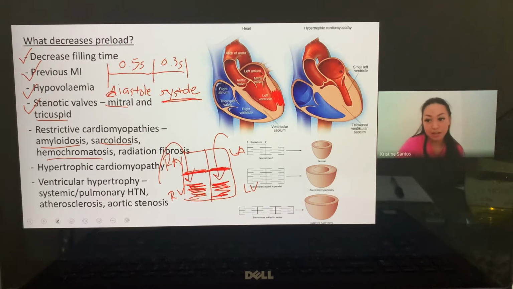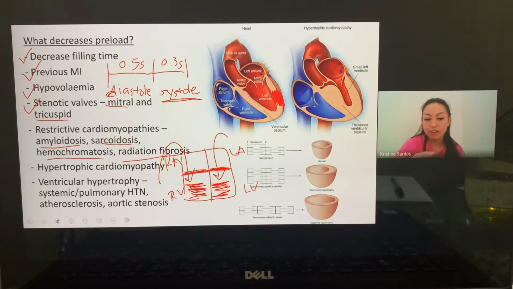Hemochromatosis is the buildup of iron in the myocardium. And radiation fibrosis is fibrosis because of radiation therapy. So in patients with lung cancer, they get radiotherapy for their lung cancer. And because the heart is in the vicinity of the lung, when they get radiotherapy, their myocardium gets damaged by that radiation, causing radiation fibrosis.